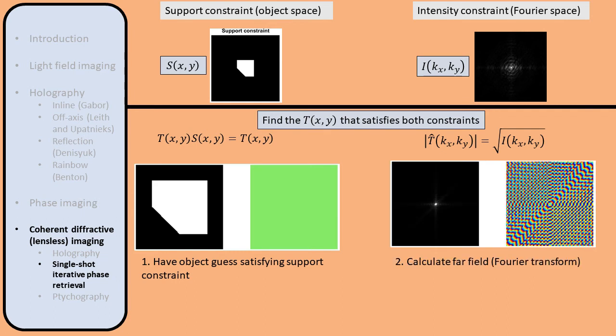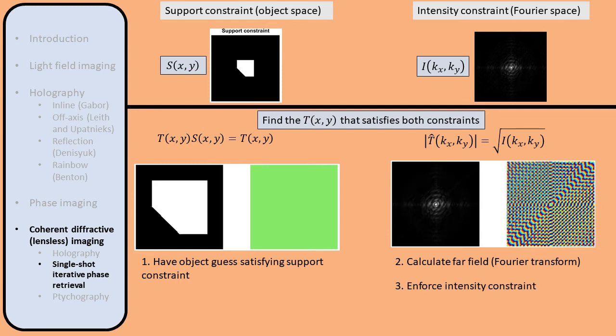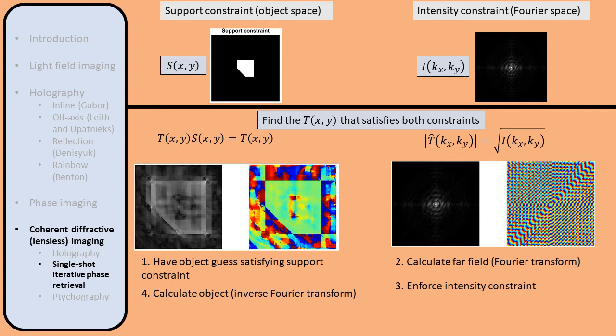This gives a complex valued function whose amplitude doesn't in general match the measured amplitude. So to enforce the intensity constraint, we substitute the estimated amplitude with the measured amplitude while keeping the phase. This gives a new estimated far field, and by inverse Fourier transforming, it gives a corresponding new estimated transmission function.